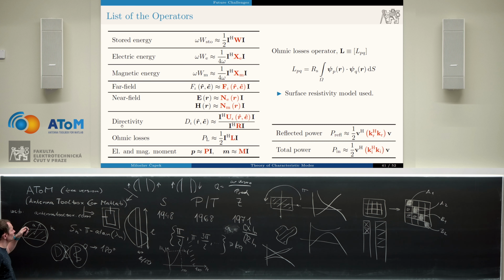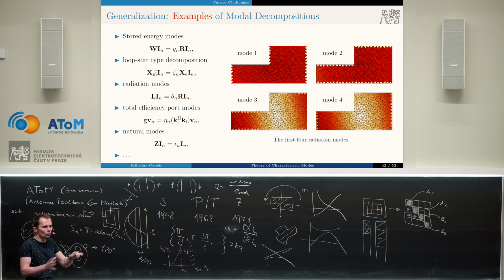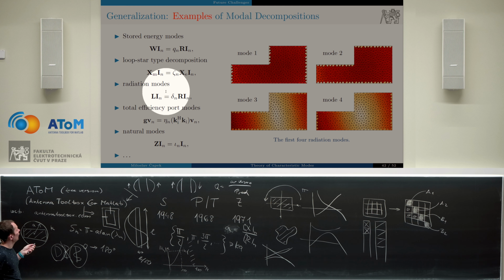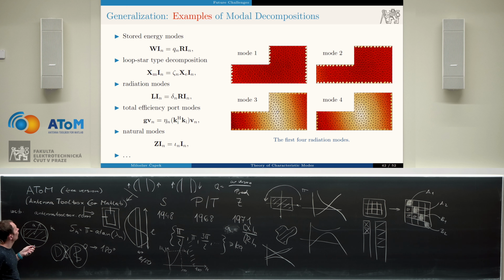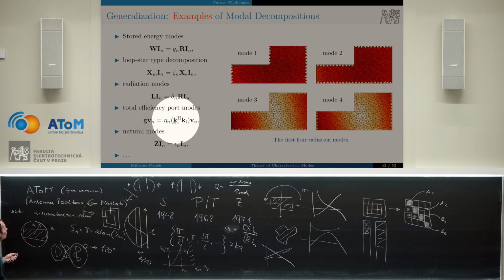We have stored energy modes. We have loop-star type decomposition, where you can easily isolate loops and dipole type currents separately. We have radiation modes, and those are, by the way, shown here. We have total efficiency modes. These modes even consider a particular placement of your excitation and matching.